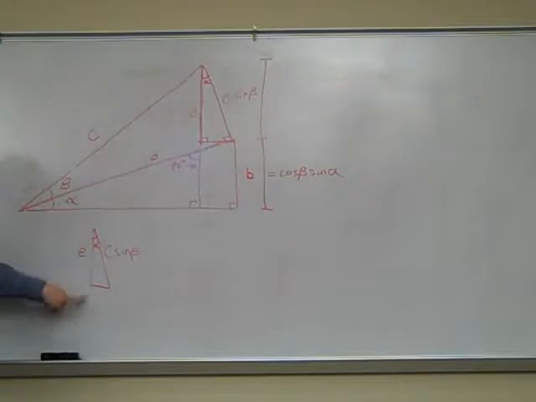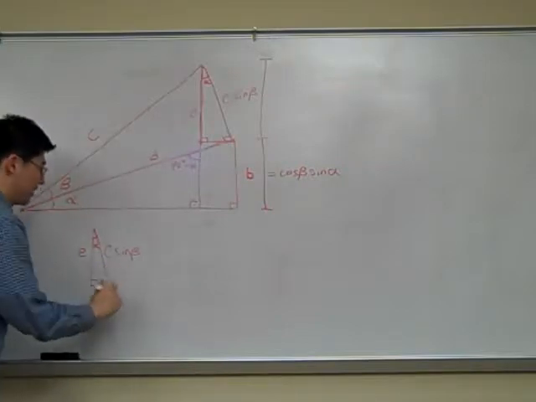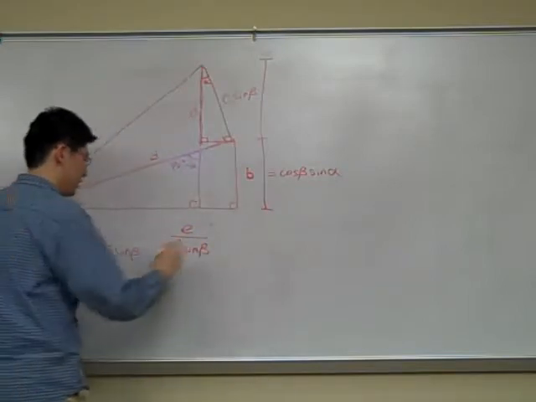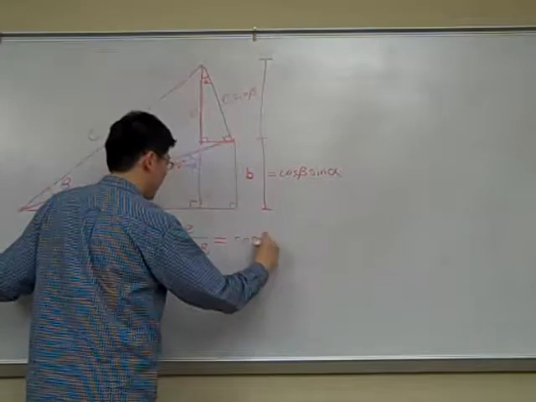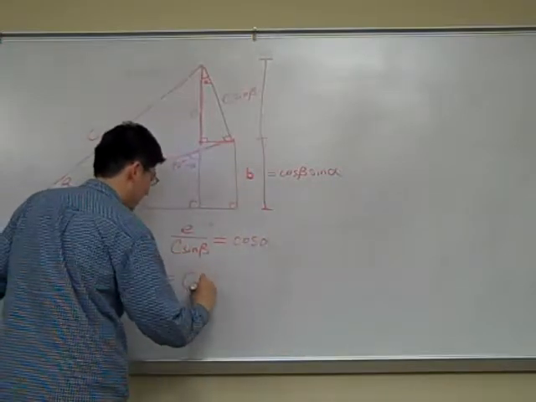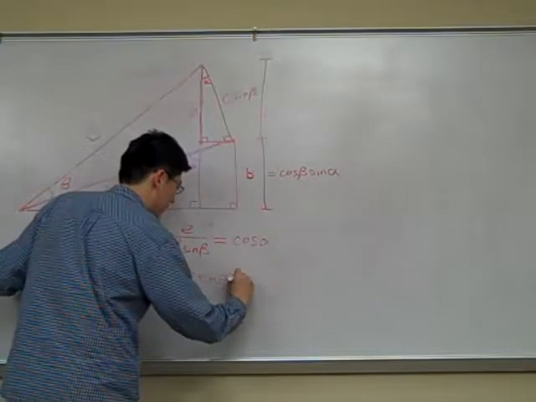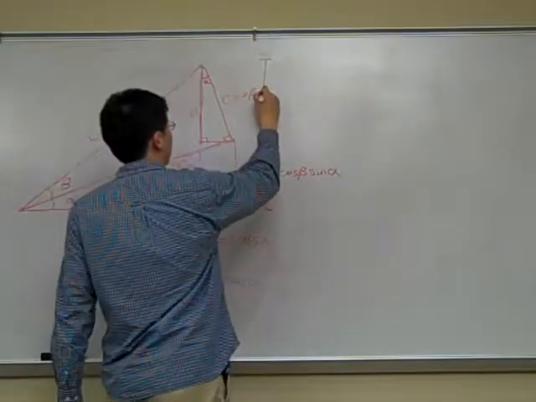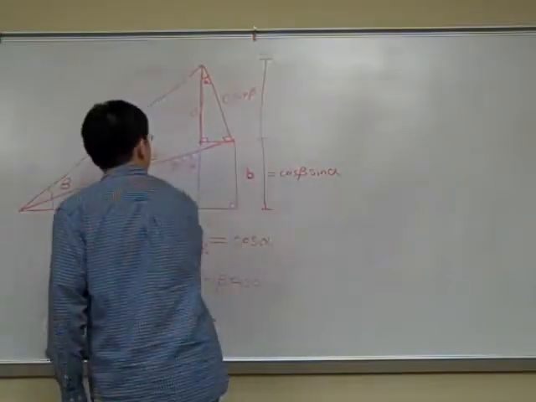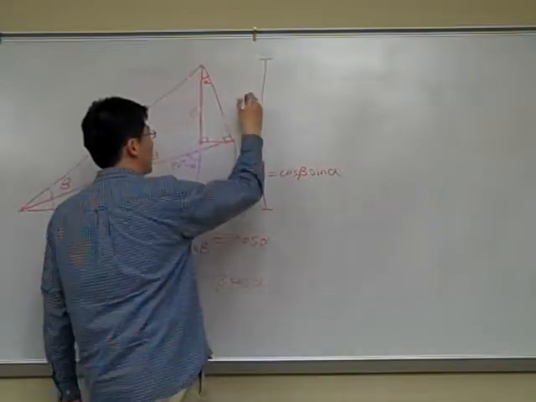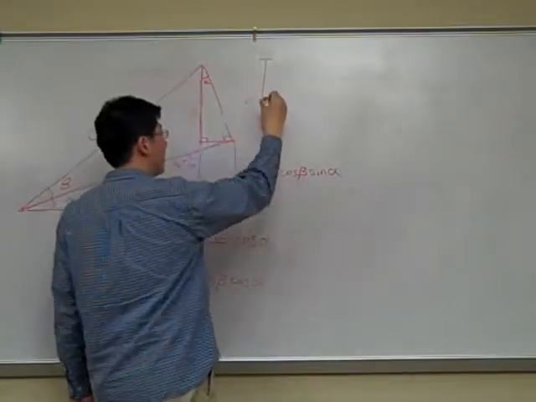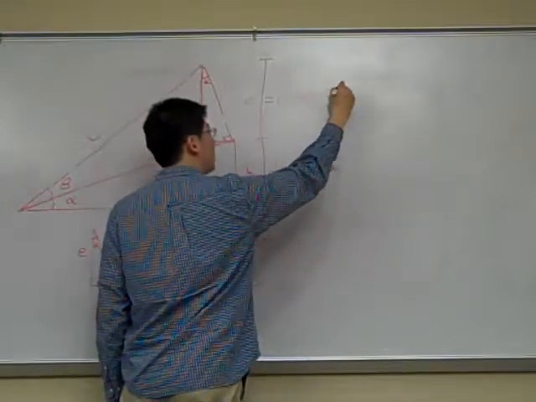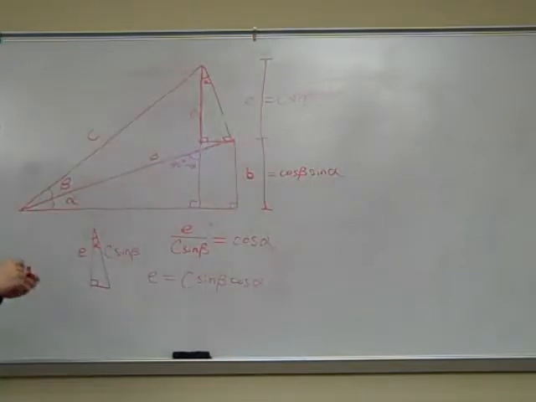Here's the right angle, so adjacent over hypotenuse: E divided by c sine of beta is equal to the cosine of alpha, and this means that E is c sine of beta cosine of alpha. This is the same length as here, just translating it over: c sine of beta cosine of alpha.